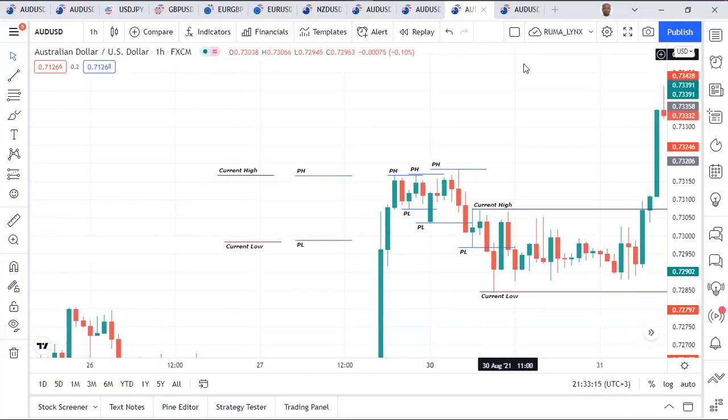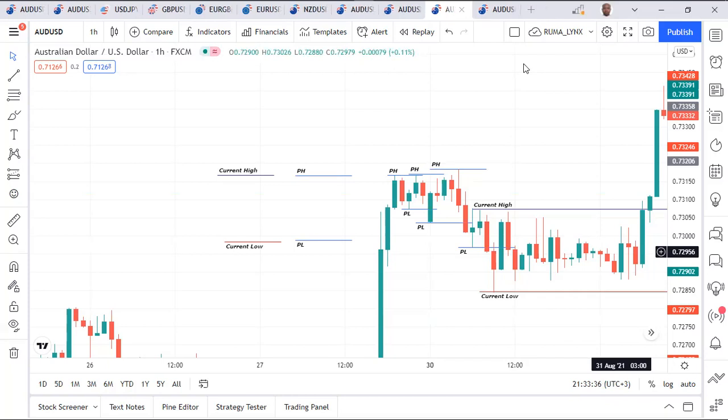So ordinarily what we'll do in this particular case, because it's a big break, it's a large break, our entry will be 2 pips above the most recent high. And in this case, the most recent high is this candle that you're seeing here. So it will be 2 pips above here, which will be 0.73046.